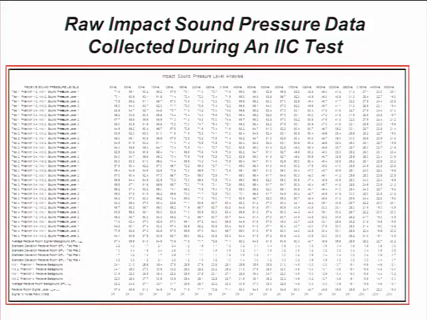Here's an example of some raw data that we take during a typical IIC test. And this is just a portion of the data. Keep in mind that there's 4 tapping machine locations. There's 8 microphone positions per machine location, 32 measurements total with the tapping machine activated.